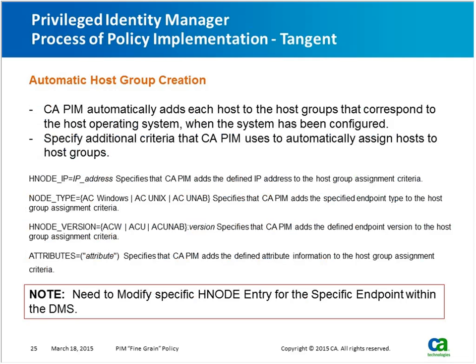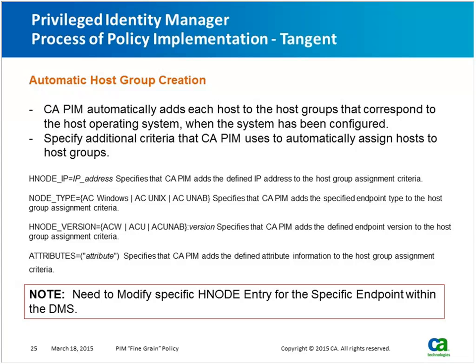One of the things that's important is that you can configure this. There are specific sets of information, like node version or other attributes, that you can specify. If you have your own host group set up, you can set a criteria for it, and based off that criteria associated with that one H-node entry, it will say, all right, I will join this server to this specific host group.